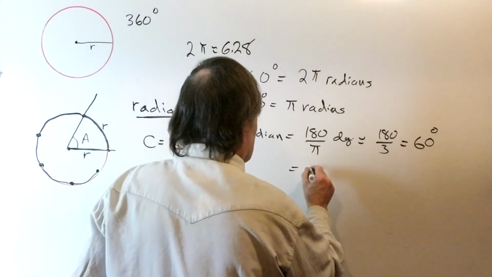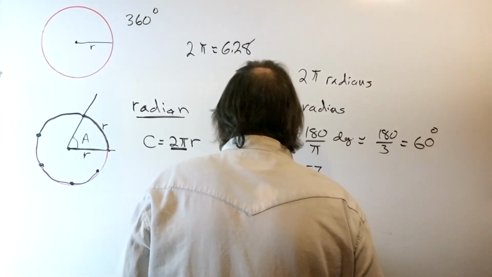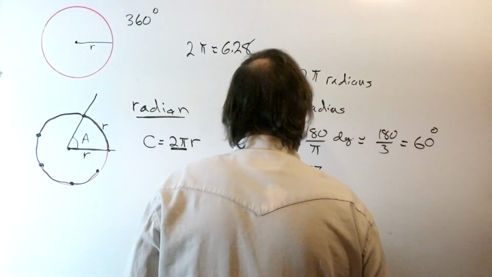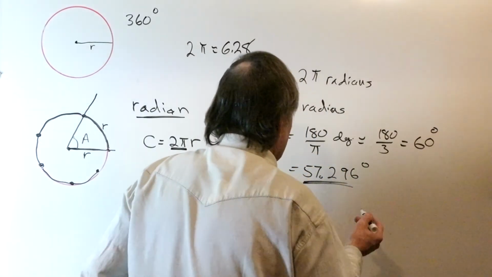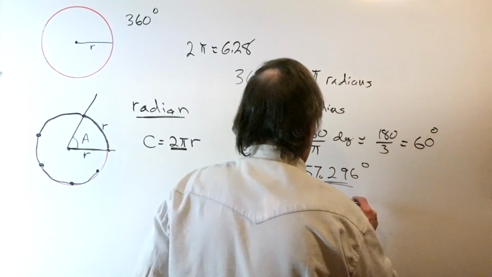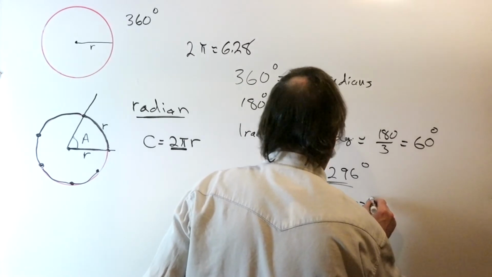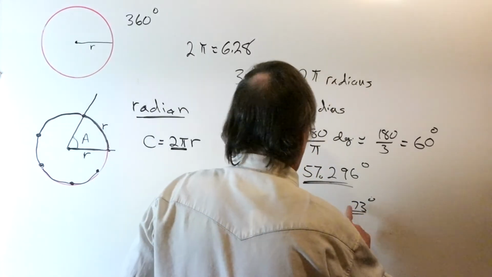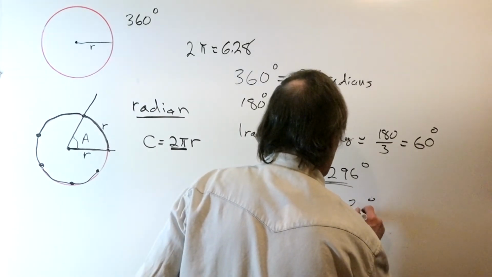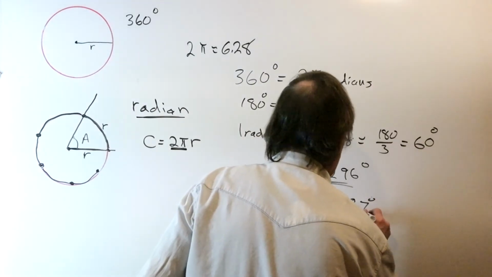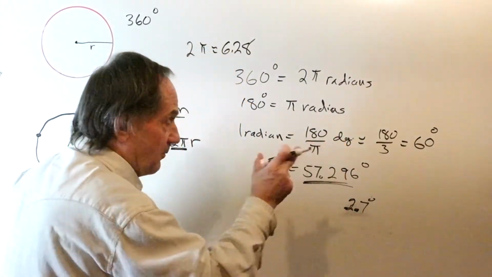A radian is actually 57.296 degrees. So it's about 2.7 degrees less than 60 degrees. So 1 radian is almost 60 degrees.